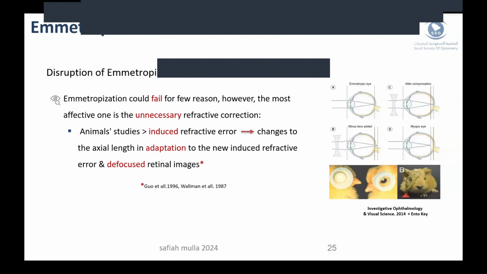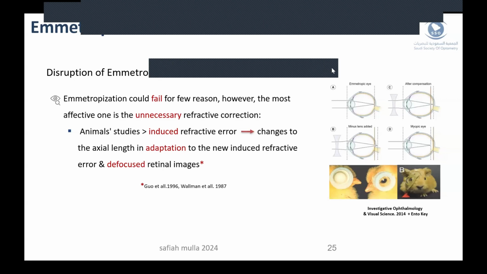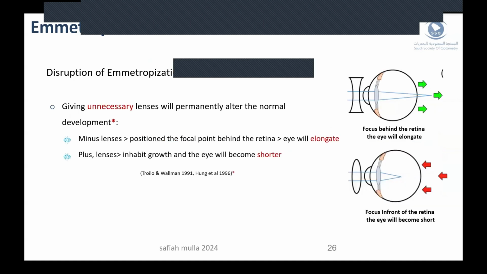So the eye starts to change itself to compensate for those changes. The animal ends up having a refraction problem because of that experiment. So giving unnecessary lenses will permanently alter the normal development.